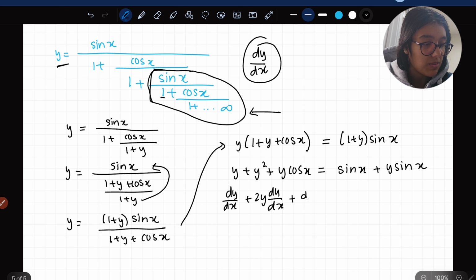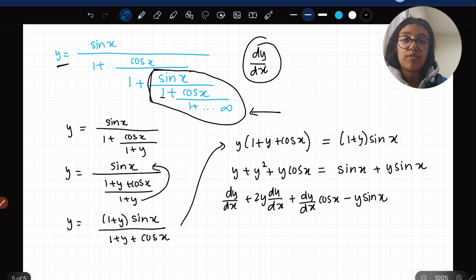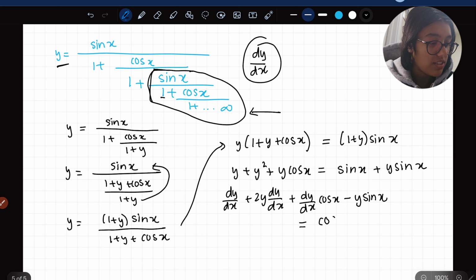So this will be dy over dx cos x minus y sine x, because derivative of cos x is minus sine x. And that is equal to derivative of sine x. That's easy. That's just cos x.